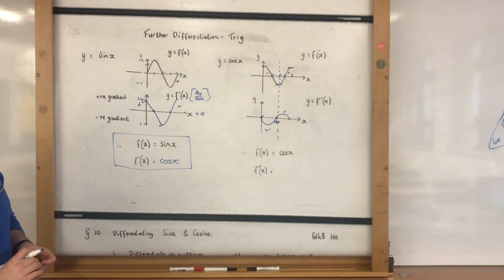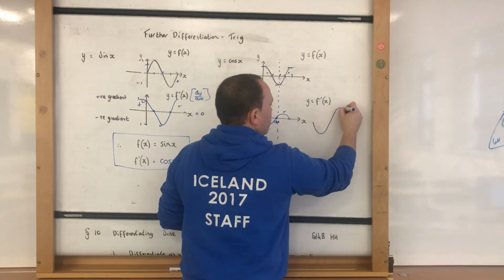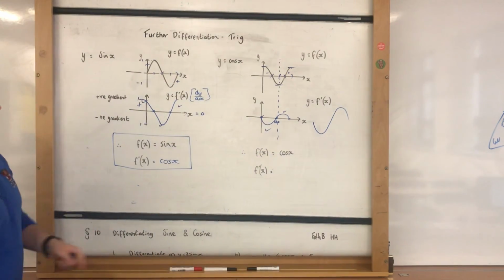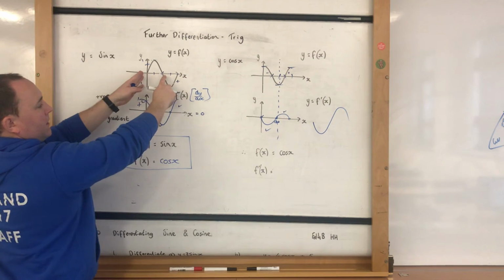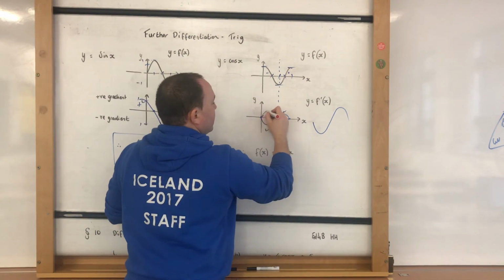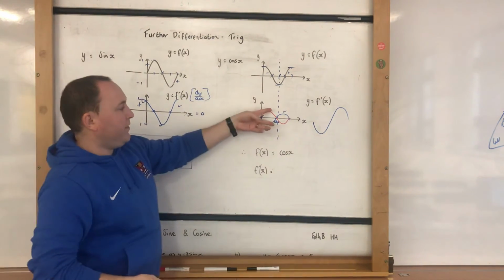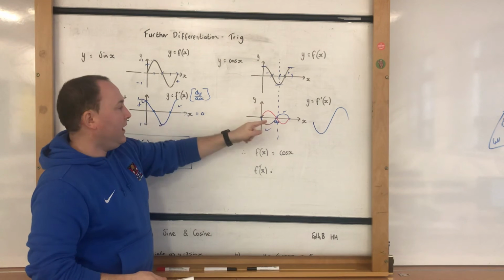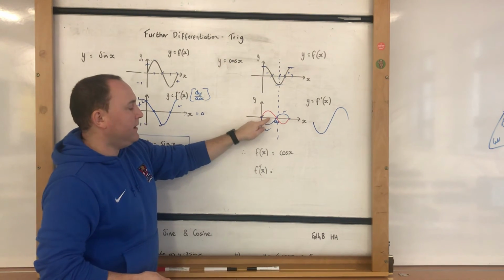Okay? So that graph looks very similar to this one. So our sine graph is in fact this one, but it has been reflected in the x-axis. The y value there was 1, it's now -1.